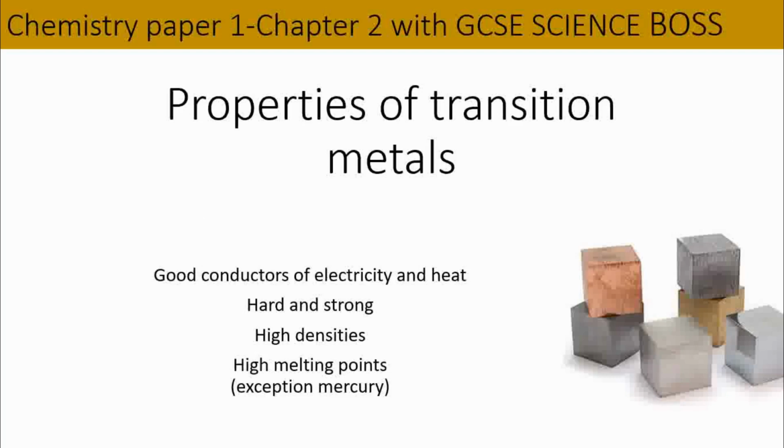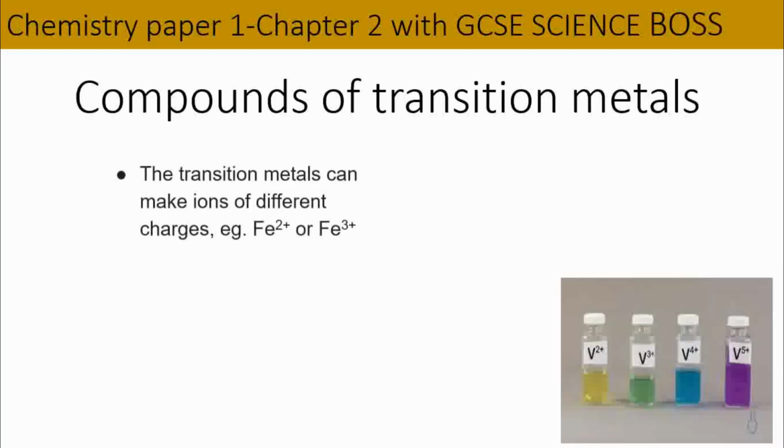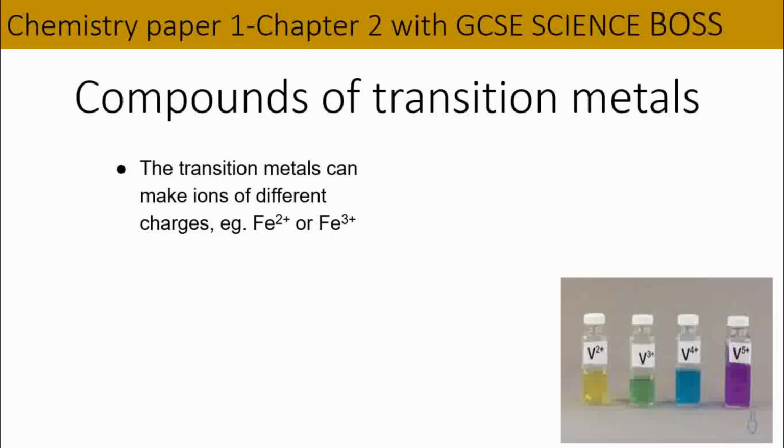You just need to know that when you compare these properties to group 1 or other metals, they tend to have higher melting points, higher densities, and they seem to be quite hard and strong and good conductors of electricity. Also they make very good catalysts, and the reason why they're called transition metals is because they can make ions of different charges.